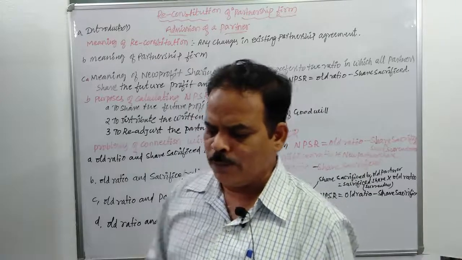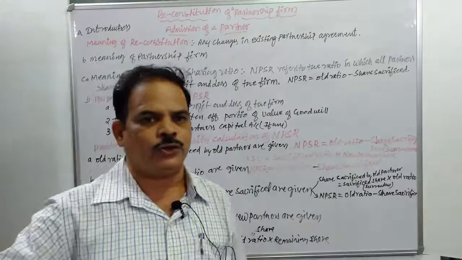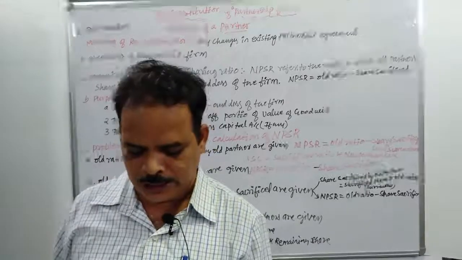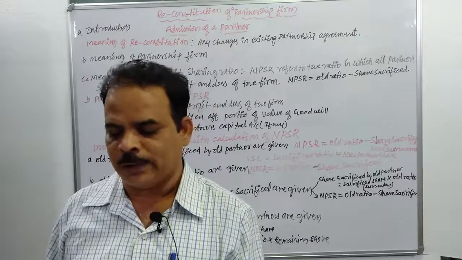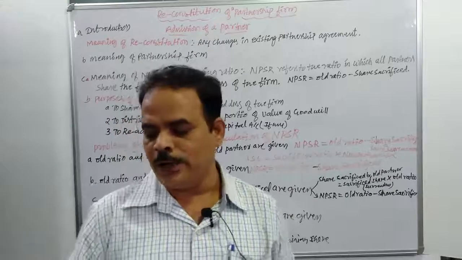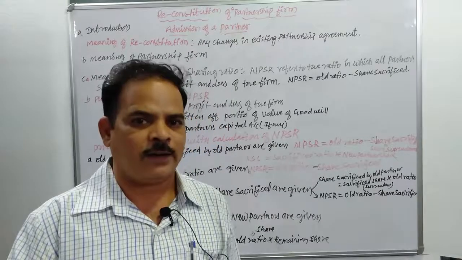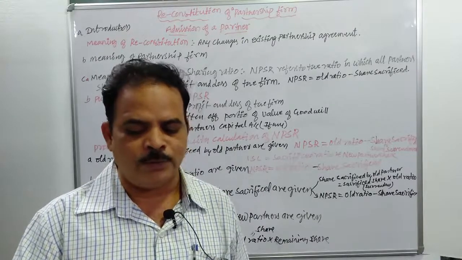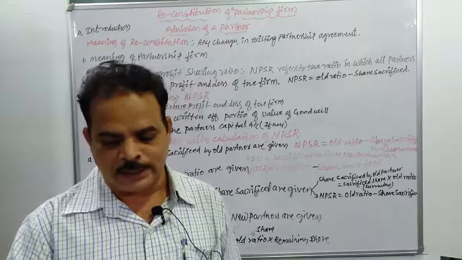Let us see what we mean by new profit sharing ratio. Next, the calculation of ratios is very, very important in case of admission of a partner. There are two ratios: the new profit sharing ratio and the sacrifice ratio. Before the sacrifice ratio, we take the new profit sharing ratio, which we discuss now.